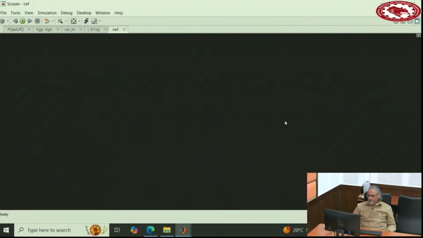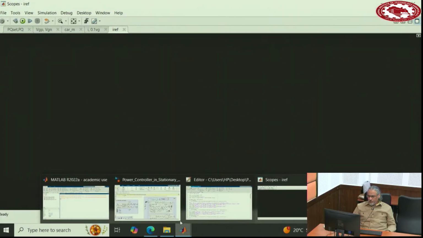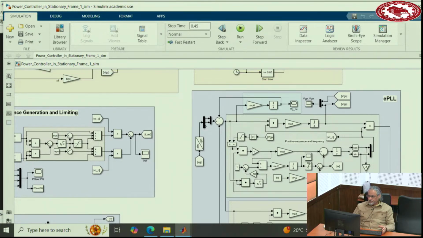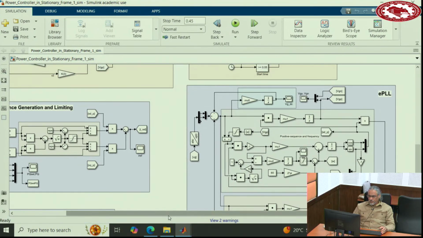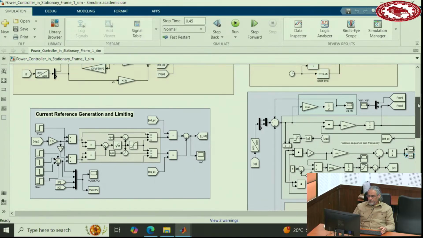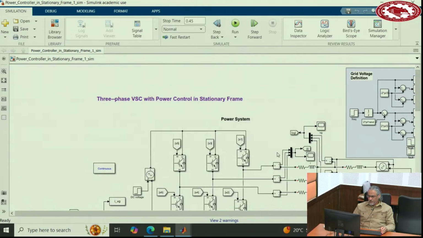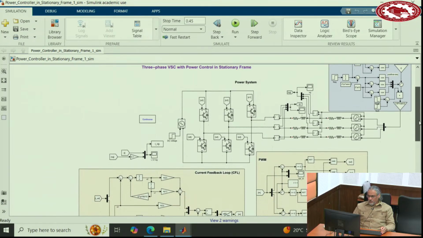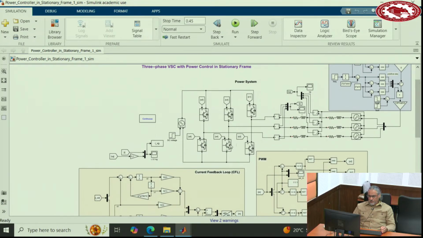Okay, let me very quickly, if the file is open, yes, go through the file as well. Okay, the power circuit: a three-phase inverter, voltage source converter. We have a DC voltage here, which I put a step function on so I can apply disturbances if need be.